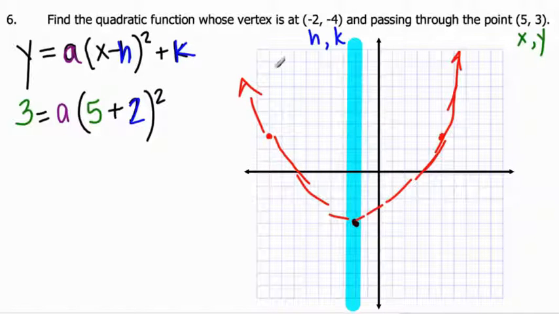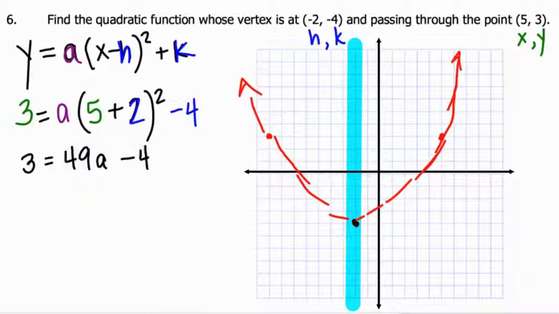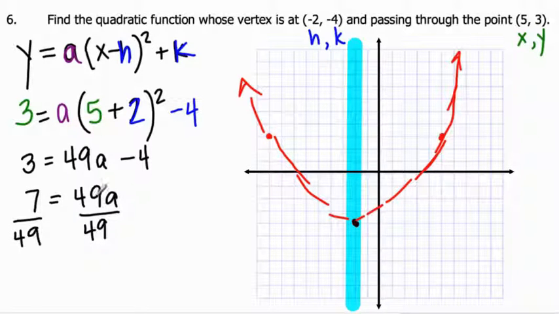And then we do know what k is, and it is -4. So I have 3 equals 7 squared, which is 49, times a minus 4. I'm going to add 4 to both sides, giving me 7 equals 49a. I'll divide both sides by 49, and I get a equals 1/7.